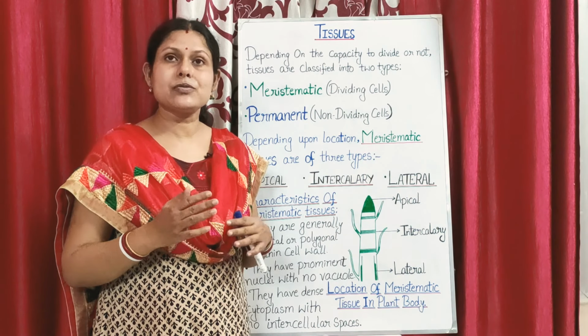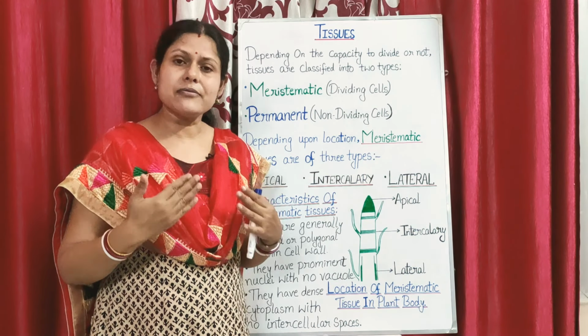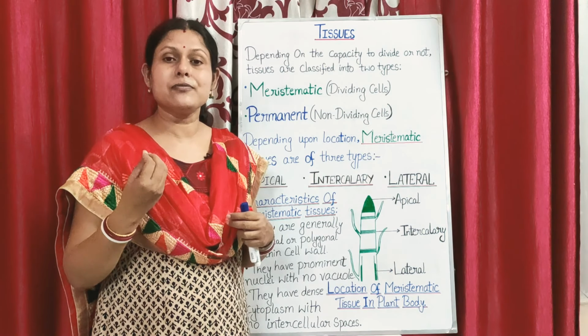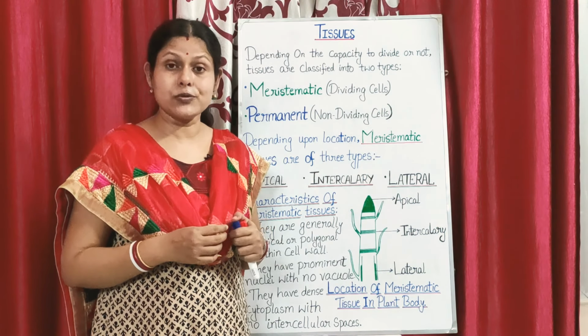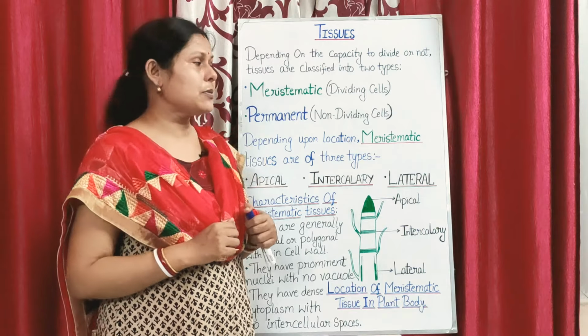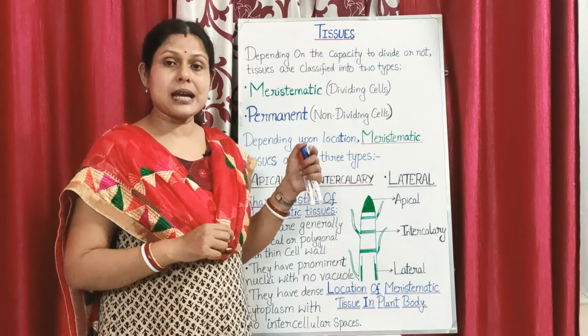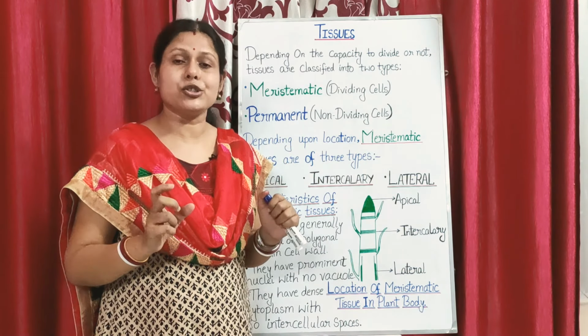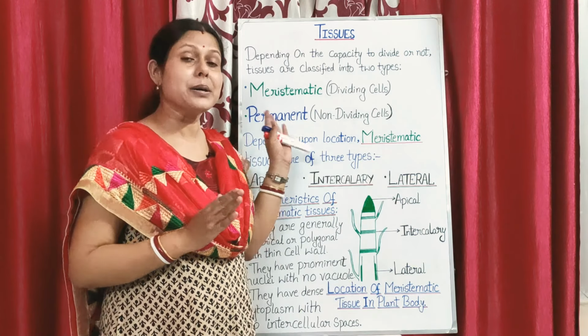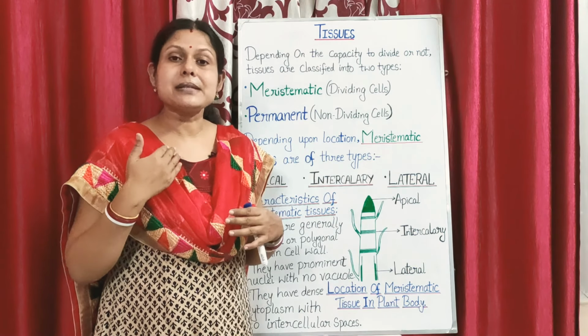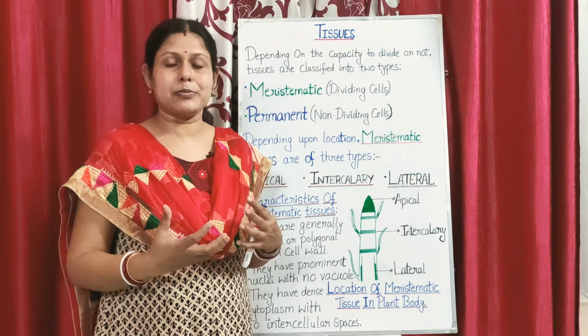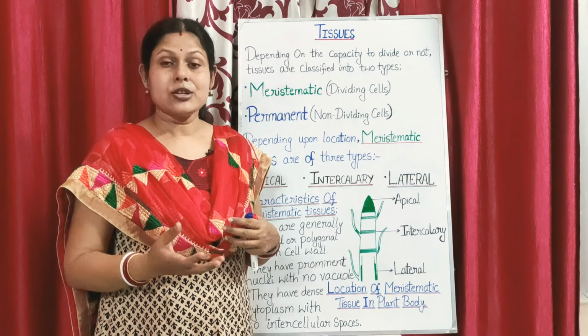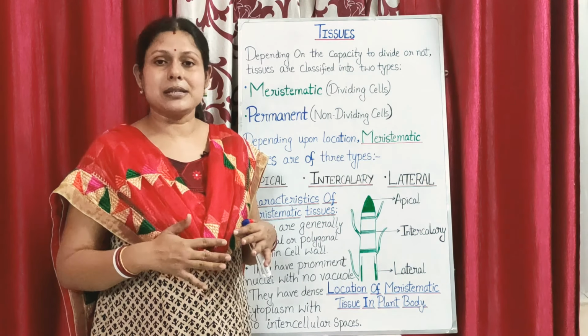Perennial plants means they live for several years, and each year they give flowers, and those flowers result in fruit. In case of those types of plants, some cells or tissues which have become permanent sometimes again regain the property of division. That means they again turn meristematic.